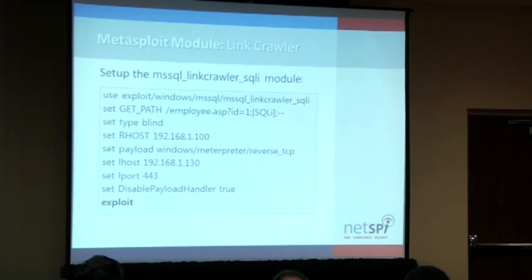Like I said, it's not the SQL injection tool, so you have to know how to do the actual injection. You mark it with SQLi, set the type of injection, blind, error, union, set the payload, disable the payload handler, and if you find any links with excessive permissions, it will start giving you back shells.